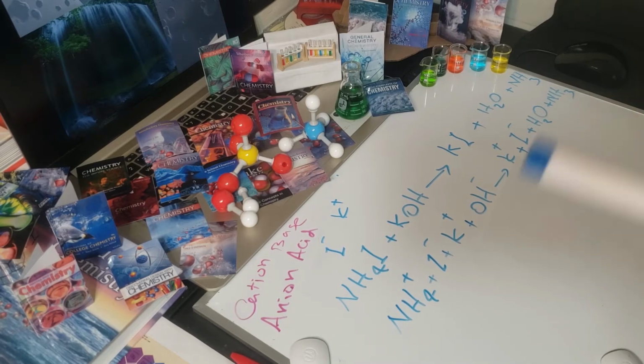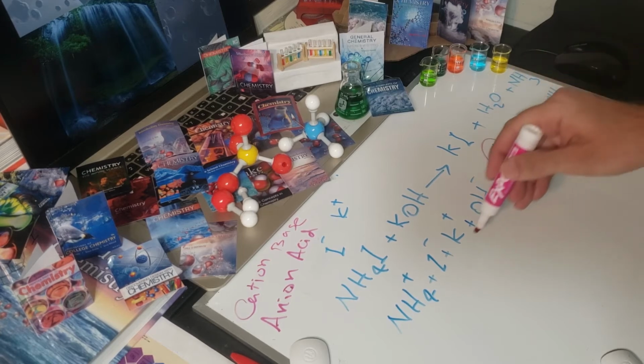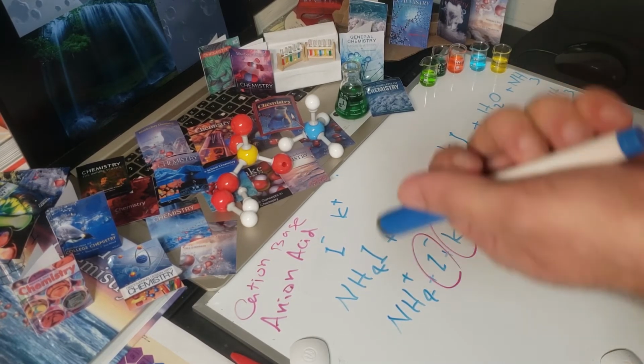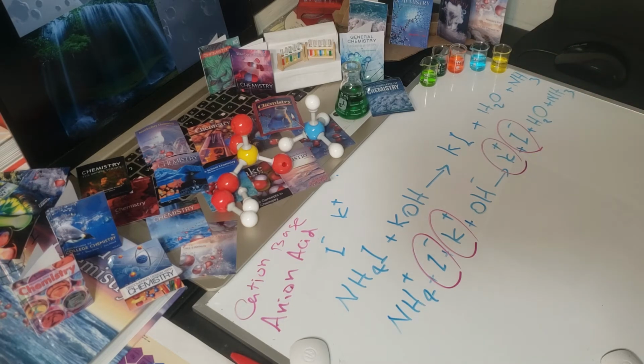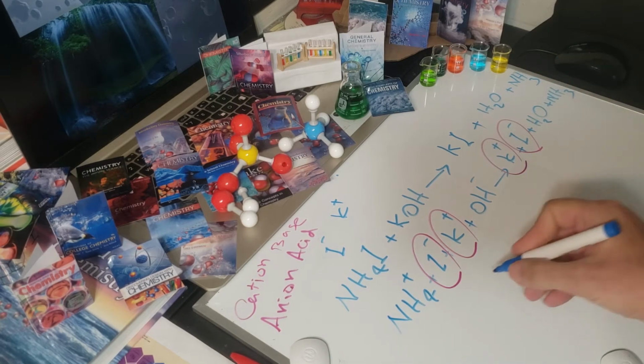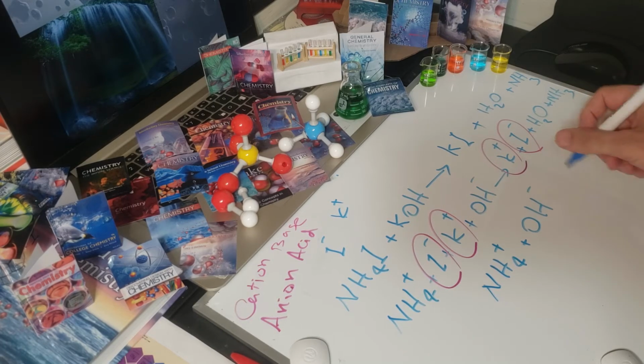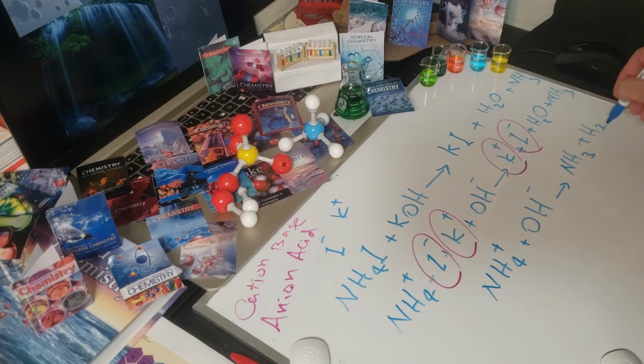So the spectators here then become the K plus and I minus, and you're going to say that my net ionic is NH4 plus and OH minus, giving me NH3 plus H2O.